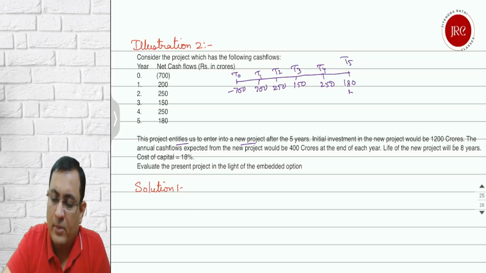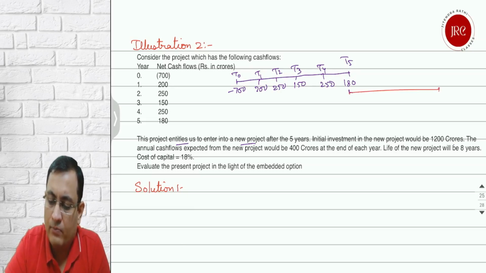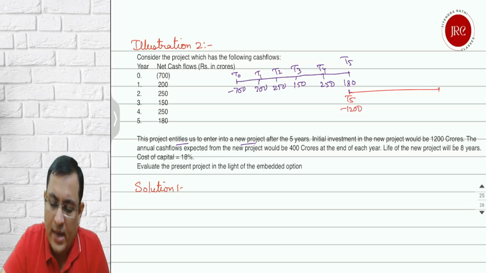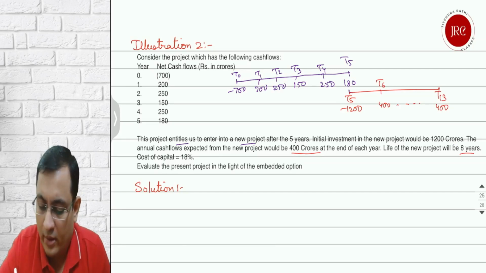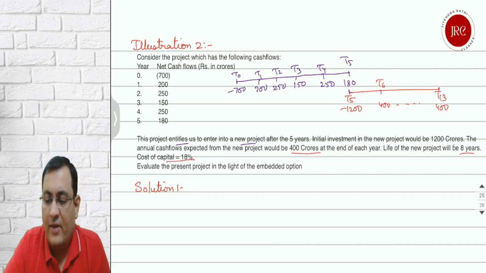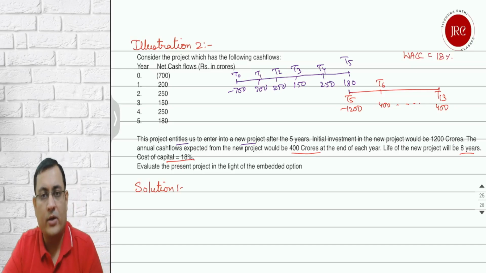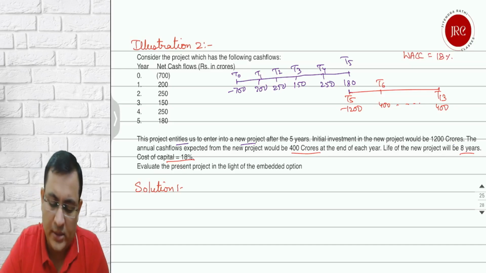But this T5 will be followed by another project at T5 which will require an outflow of 1200 crore, and then it will generate an annual cash flow of 400 crore at the end of each year. So from T6 we are getting 400 crores. Life of this new project is 8 years, so it will continue till T13, and last we are going to get 400 crore. Cost of capital, WACC, your required rate of return, hurdle rate is equal to 18%.